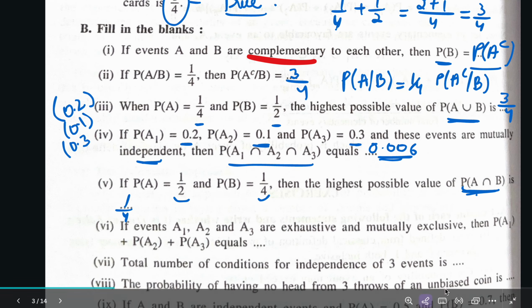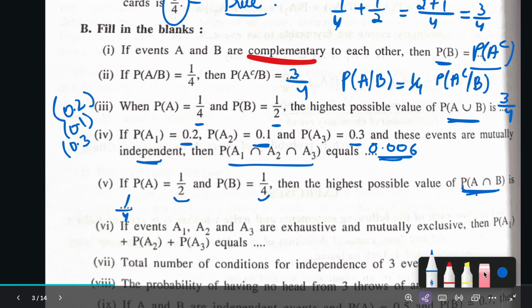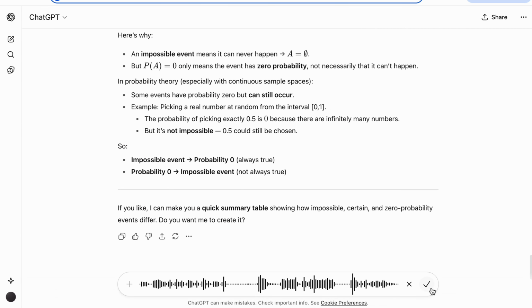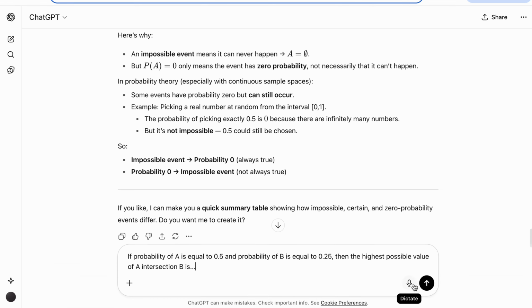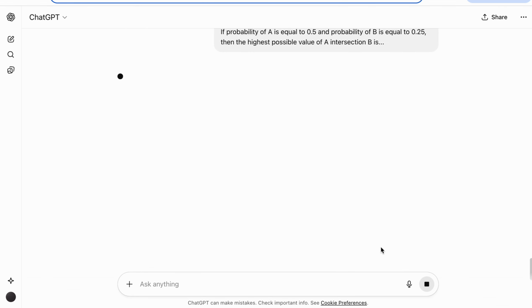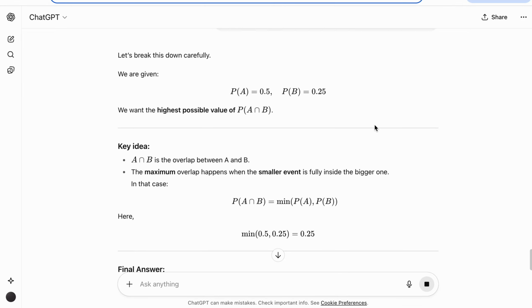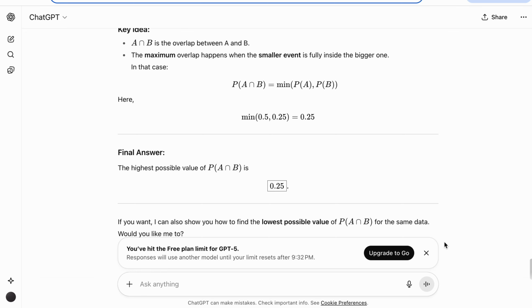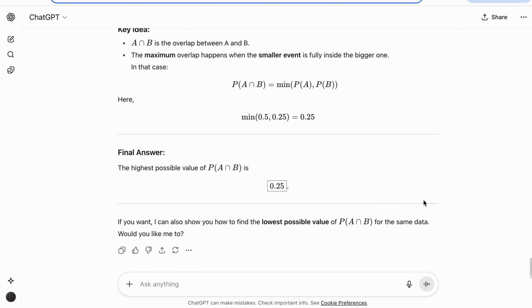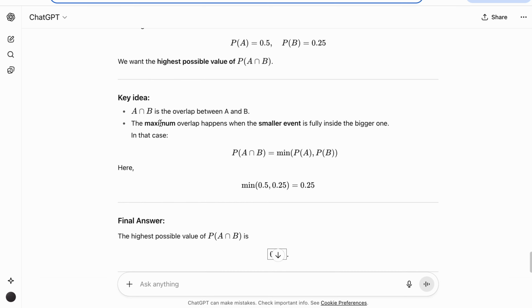Okay. If probability of A is equal to 0.5 and probability of B is equal to 0.25, then the highest possible value of A intersection B is... The highest possible value would be, okay, so this is the formula.